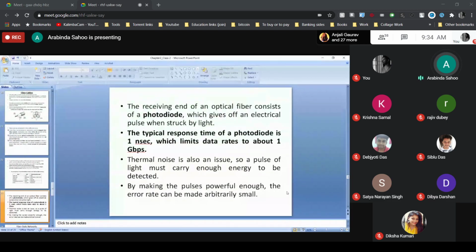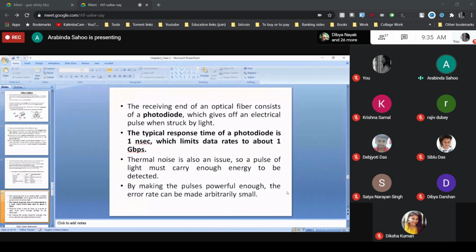That means when a light pulse falls upon your photodiode, it normally takes 1 nanosecond to give the response, to convert it to an electrical pulse.